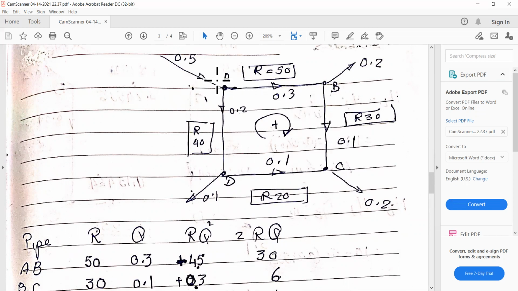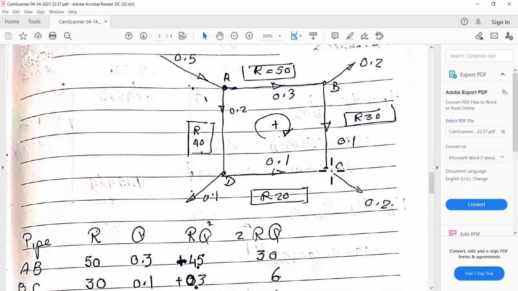Here coming 0.5, 0.3 goes in AB, and 0.2 will go to AD. At B, we have 0.3 coming into B and leaving 0.2 in the demand and 0.1 in the pipe BC.